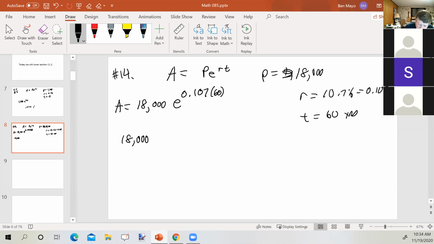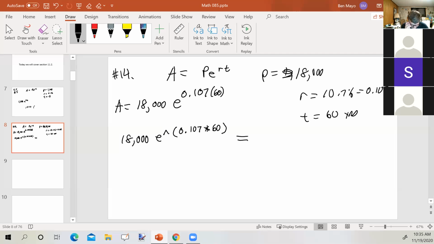Then I'm going to go second function e to the x, which is going to give me this. Then I'm going to put in 0.107 times 60, close up the parentheses, and hit the equals button.